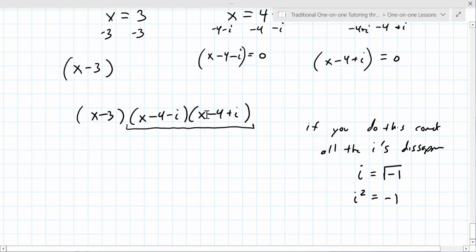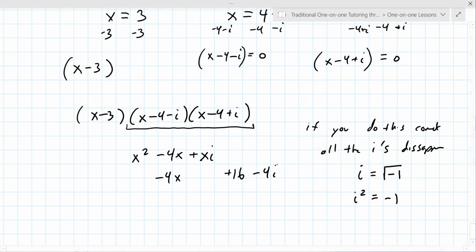So x times x is x squared. x times -4 is -4x. x times i is xi. Then -4 times x is -4x. -4 times -4 is 16. Notice I'm putting it in a different column because it doesn't match up with any of the others. -4 times i is -4i, so I'm putting that somewhere else.